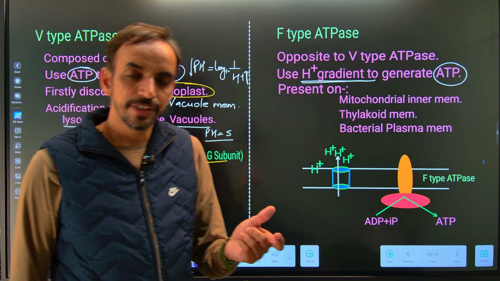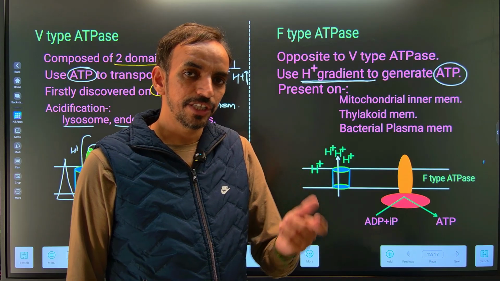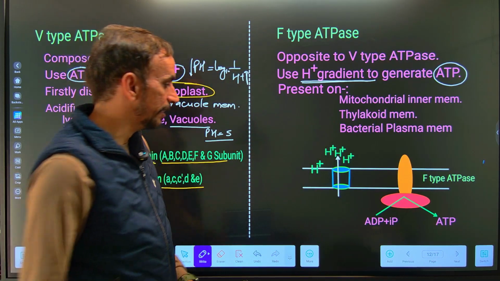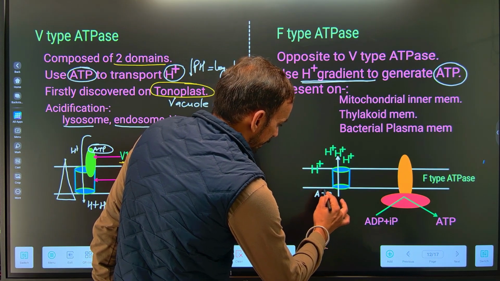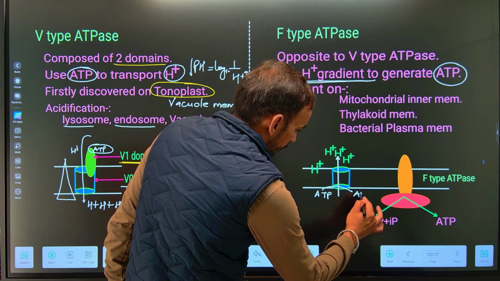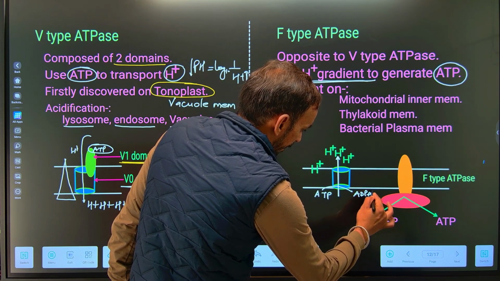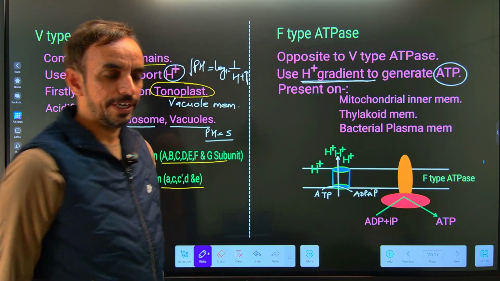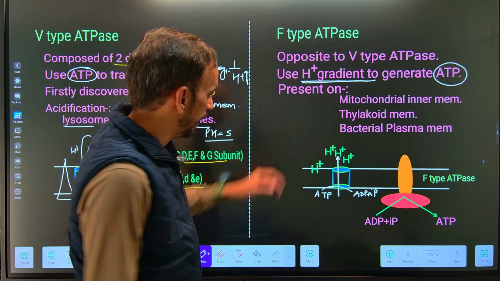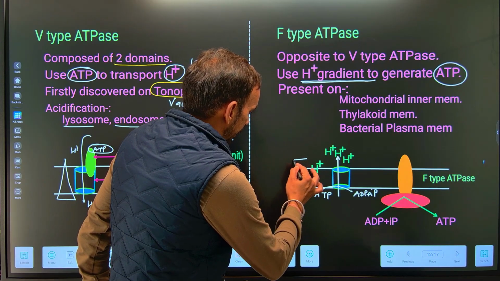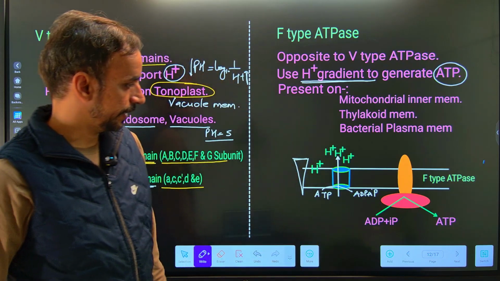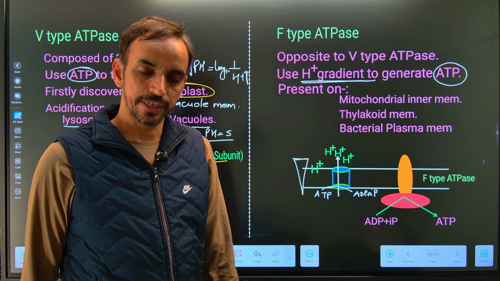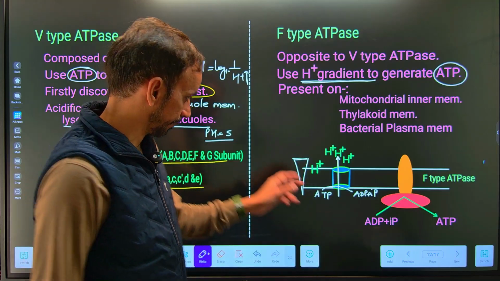In some bacteria they utilize the energy in the form of light, while in some bacteria they can utilize the energy in the form of ATP. So by using the energy in the form of ATP, it will transport the H plus ion against their concentrational gradient. So transportation है against the concentrational gradient.